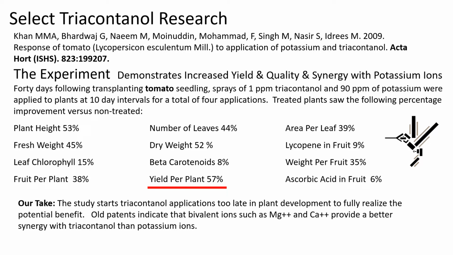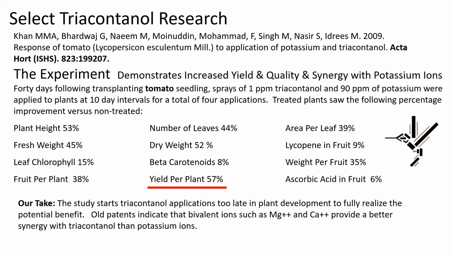The weight per fruit was increased, and the lycopene content, which is a quality measurement, was increased, and the ascorbic acid was increased as well. So you got higher yield and better quality. It's hard to beat that.